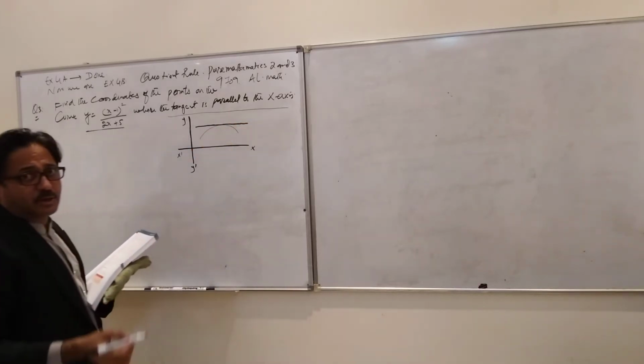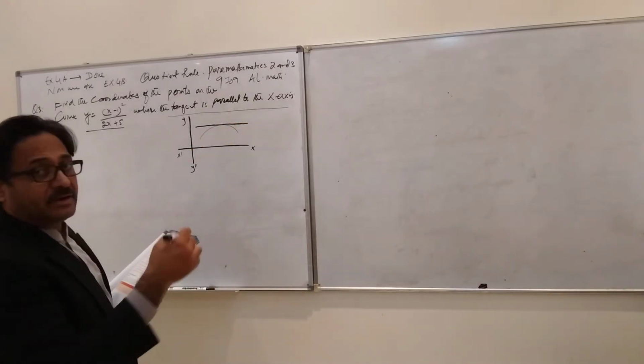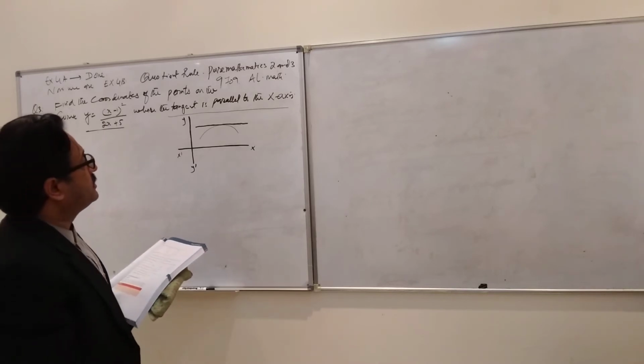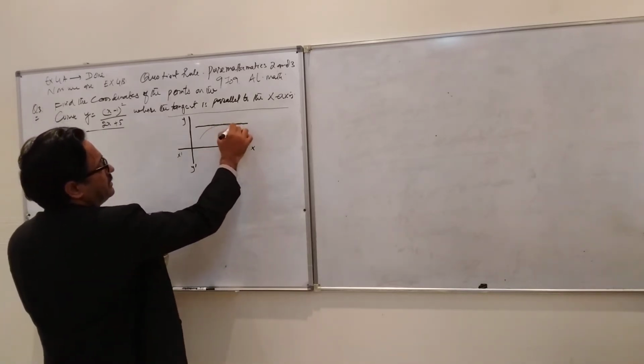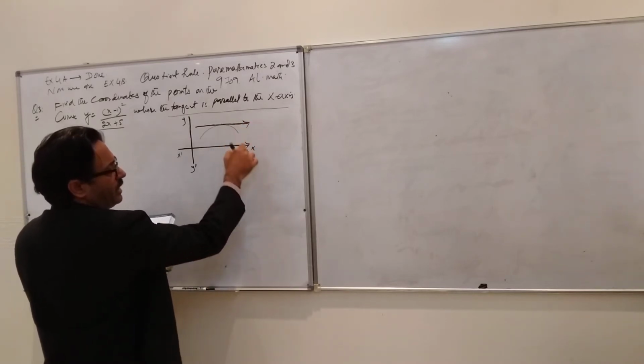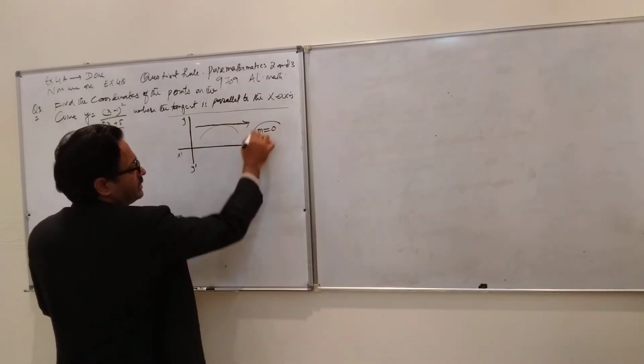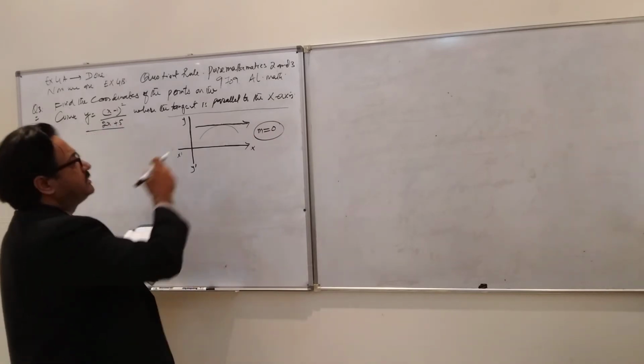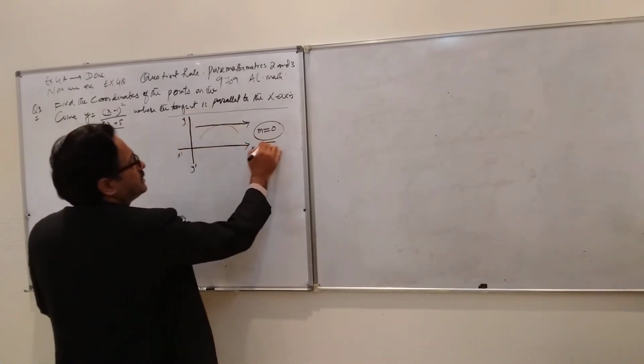This is to make the geometrical interpretation of this question clear. So this is the curve, that's the tangent, this is the x-axis. When the tangent is parallel to the x-axis, in that case the gradient is 0. So this statement is basically giving us this mathematical condition.